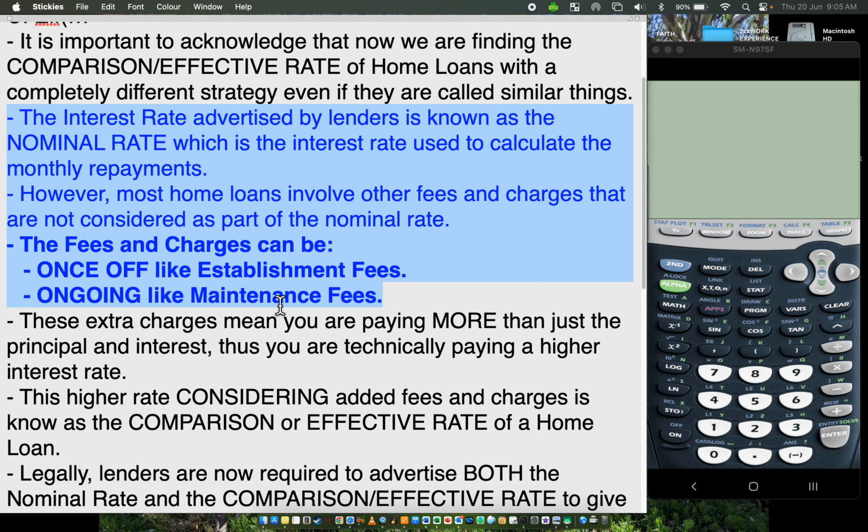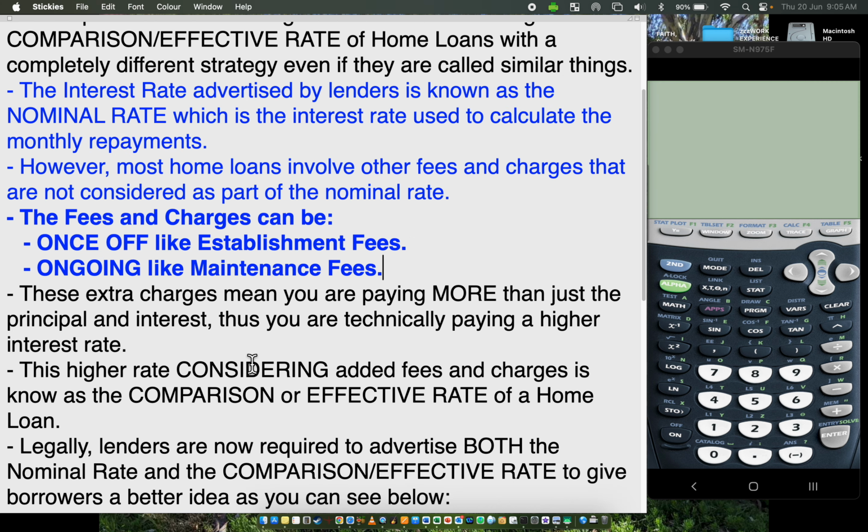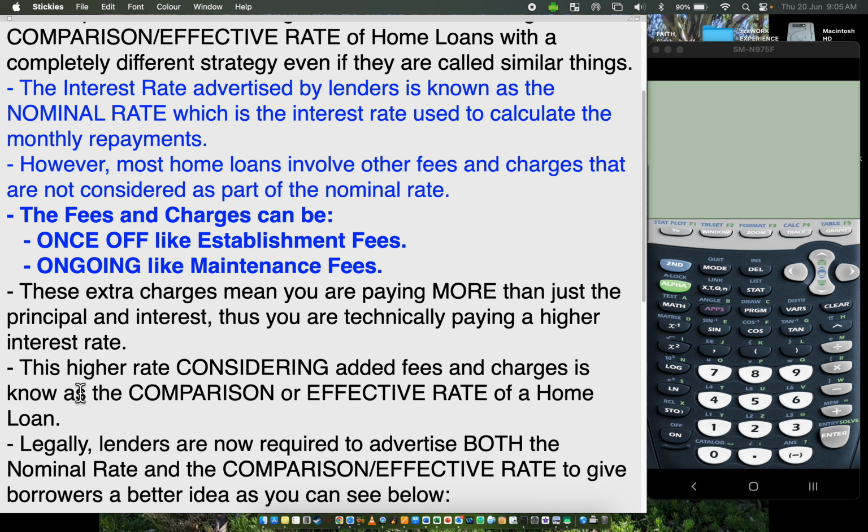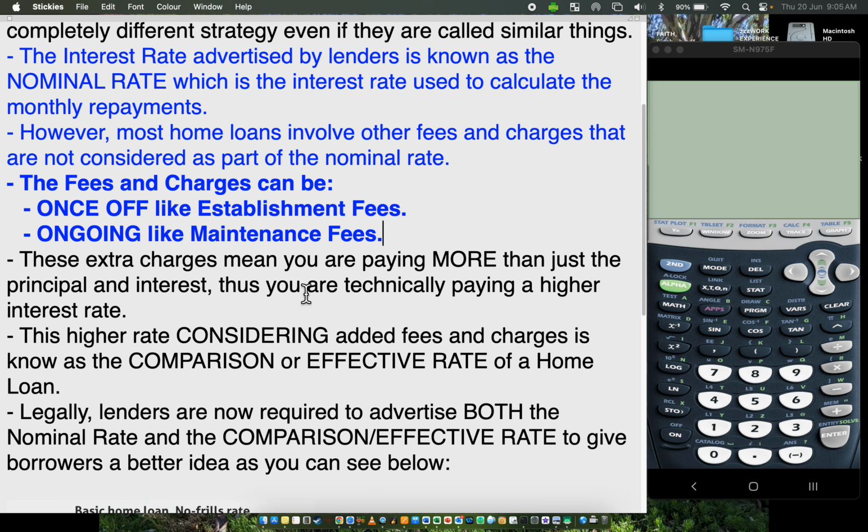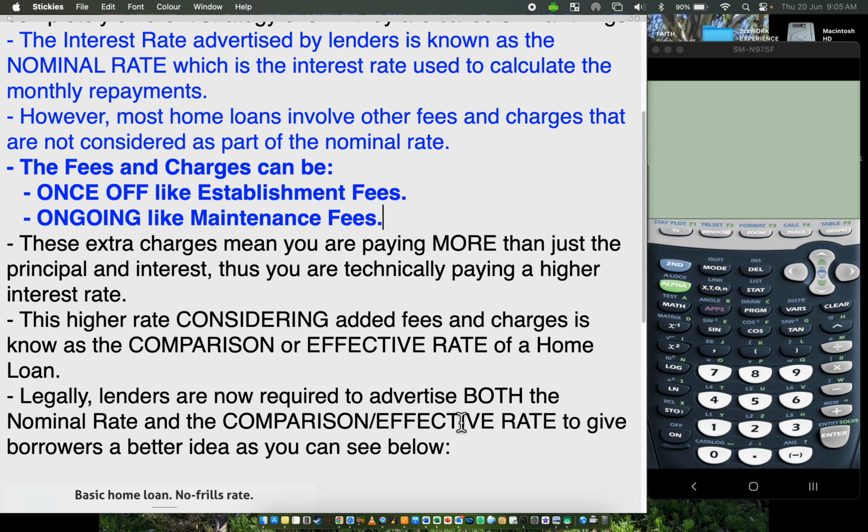Okay. These extra charges mean that you're paying more than just the principal and interest. So you're technically paying a higher interest rate. This higher rate that considers added fees and charges is known as the comparison or effective rate of a home loan. Legally, the lenders are now required to advertise both.